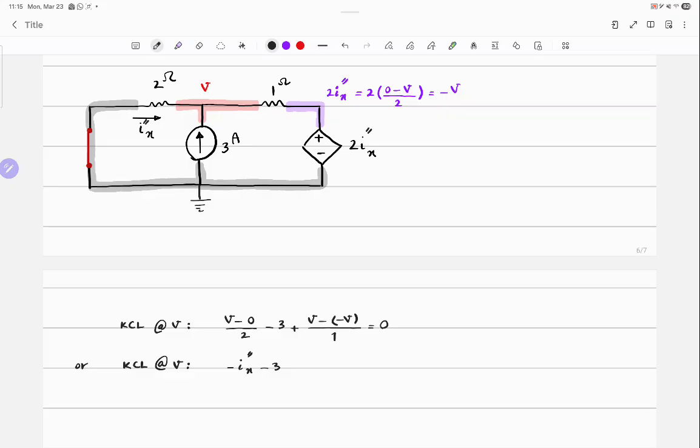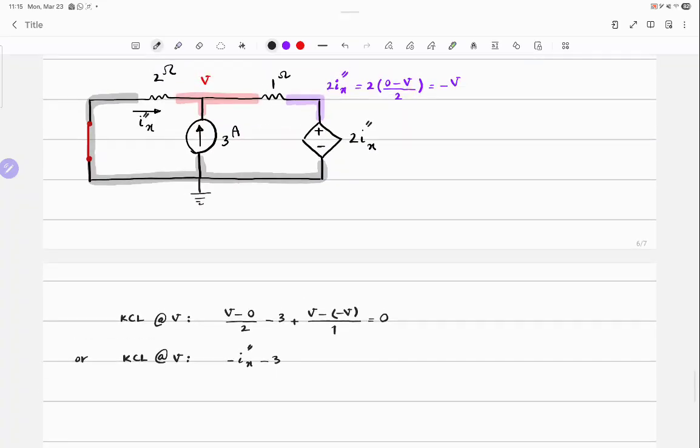Minus V over R, or 1. Is there any way that you avoid using V? You can, because the other branch is actually using the red box, so we have to use V minus; even if you use 2I double prime, you're going to end up using V anyway, okay? But I'm going to write it just so you know: V minus 2I double prime x over 1 is equal to 0.